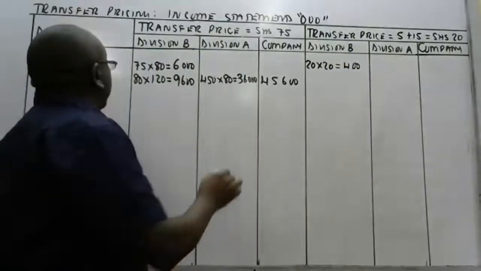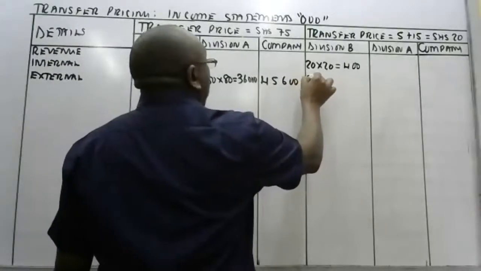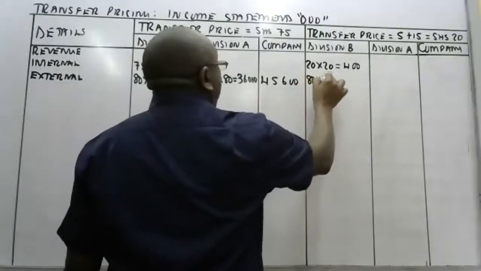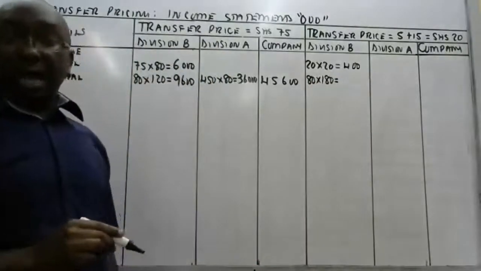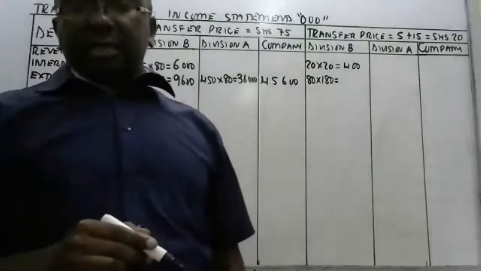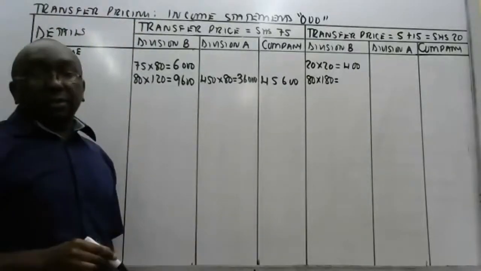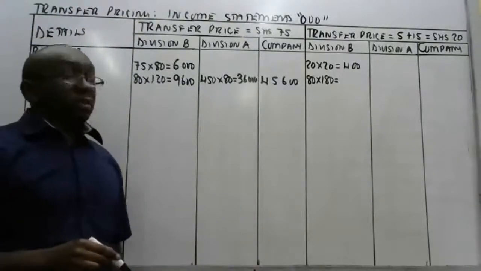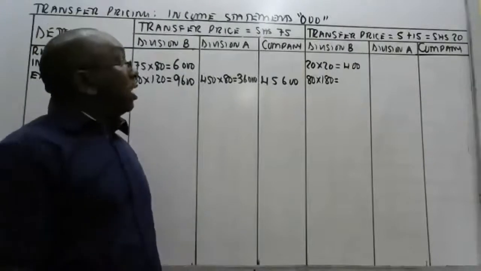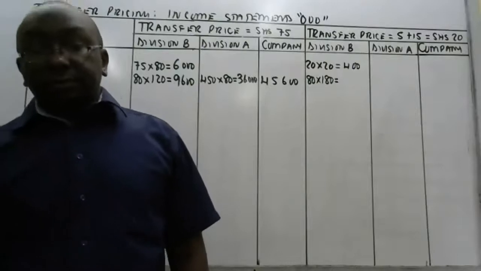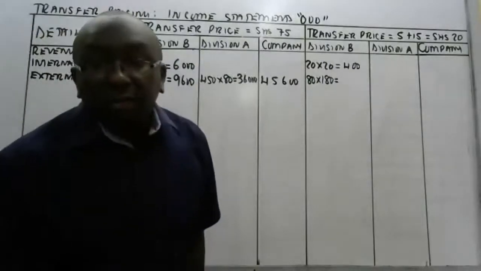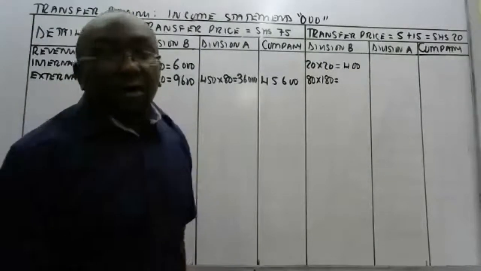Then these others, they sell at 80 and they are going to sell 180 to the external market. So how much revenue is that? 14,400.